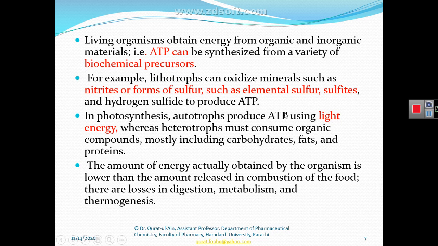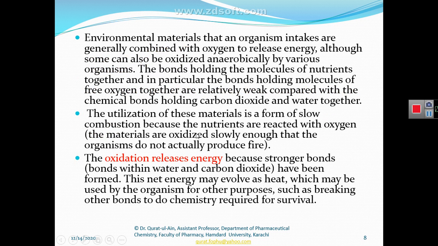Plants synthesize ATP from sunlight by the process of photosynthesis. And human beings synthesize ATP from oxygen, from catabolism of larger macromolecules such as protein, lipid, carbohydrate. So these were the sources from where living organisms synthesize energy.